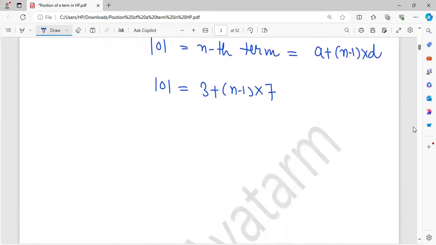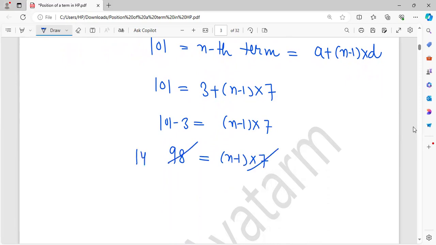So solve it. This is 101 minus 3 equals n minus 1 into 7. So this is 98 equals n minus 1 into 7. So this is 14. So it means 14 is equal to n minus 1. This implies n is 15.